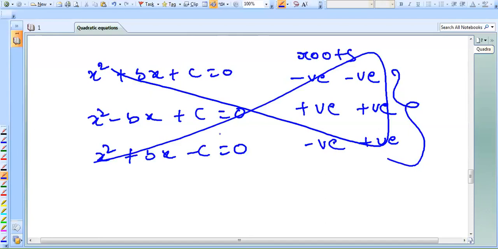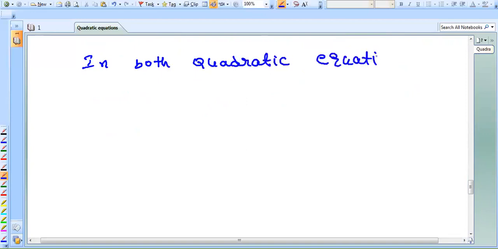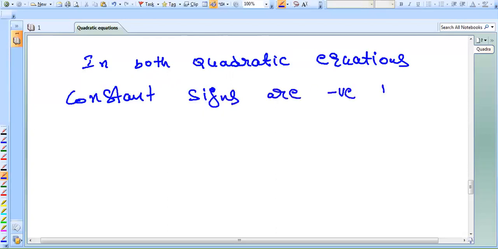Only one shortcut is there in these quadratic equations. That one shortcut is: if constant signs in both quadratic equations are negative, then answer is cannot be determined or no relation.